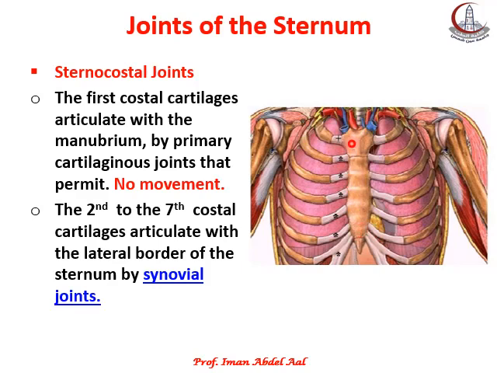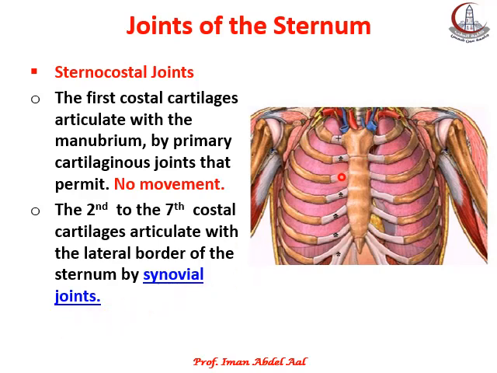The first sternocostal joint is a primary cartilaginous joint. It permits no movement at all. From the second sternocostal joint till the 7th sternocostal joint, they are synovial joints.